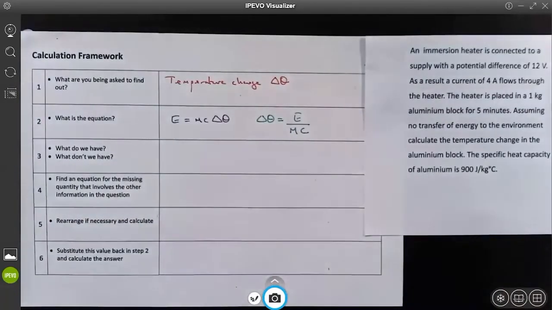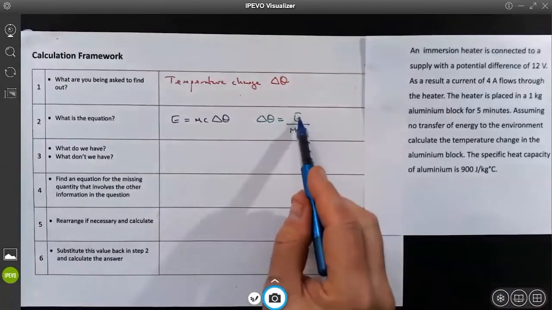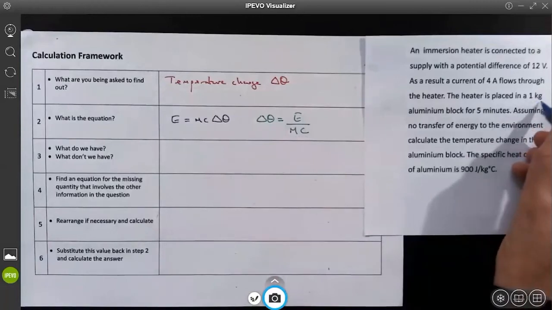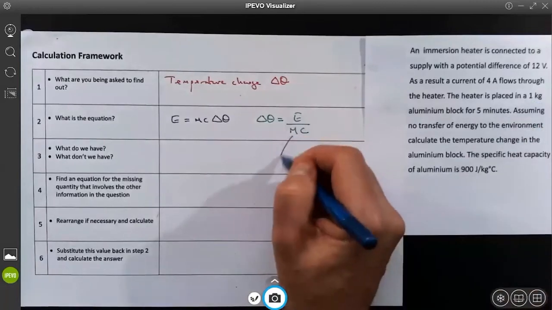The third stage is about identifying quantities, which the question gives us or in fact doesn't. So let's have a look at what the question already provides. Well, we're looking for E, m and c. Well, we can see here 1 kilogram. That's what we do have.